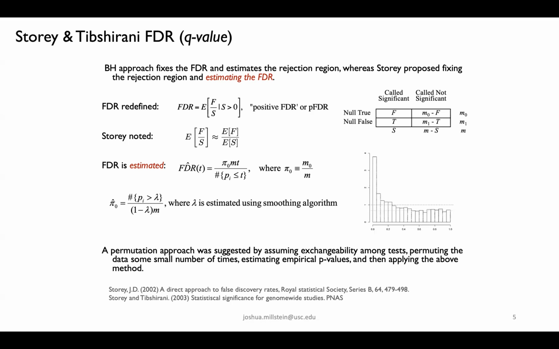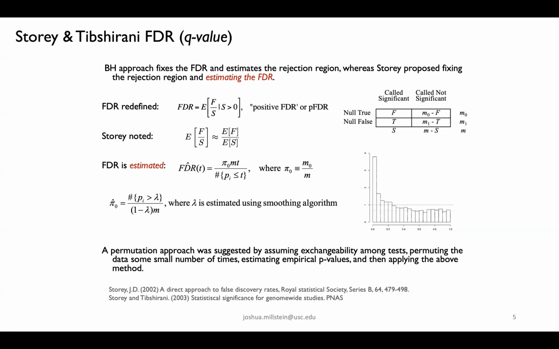We can estimate FDR at each p-value, and we'll call that a q-value, because it's like flipping the idea of the p-value around, and that's why they called it the q-value. A p-value can be thought of as the probability that a test is rejected given that the null is true, and the q-value can be thought of as the probability that the null is true given that the test is rejected.